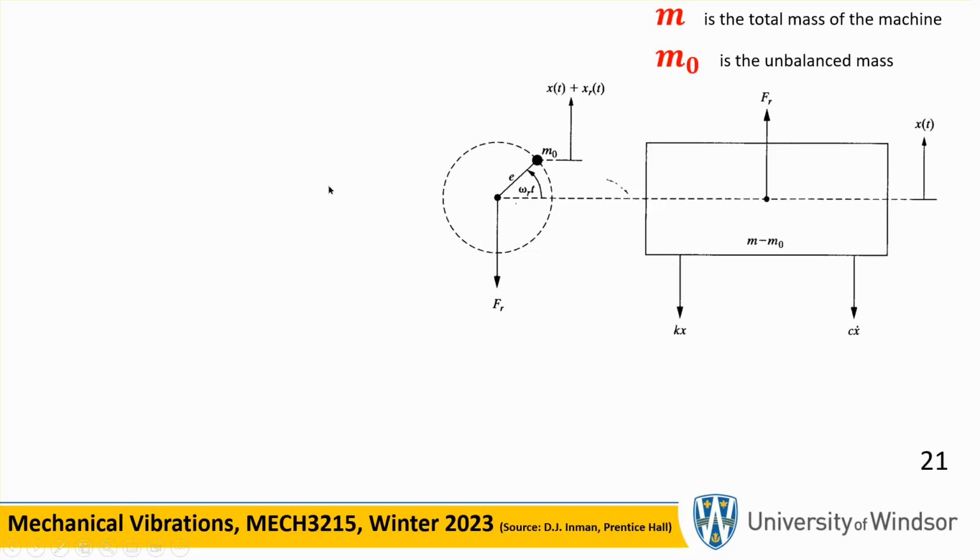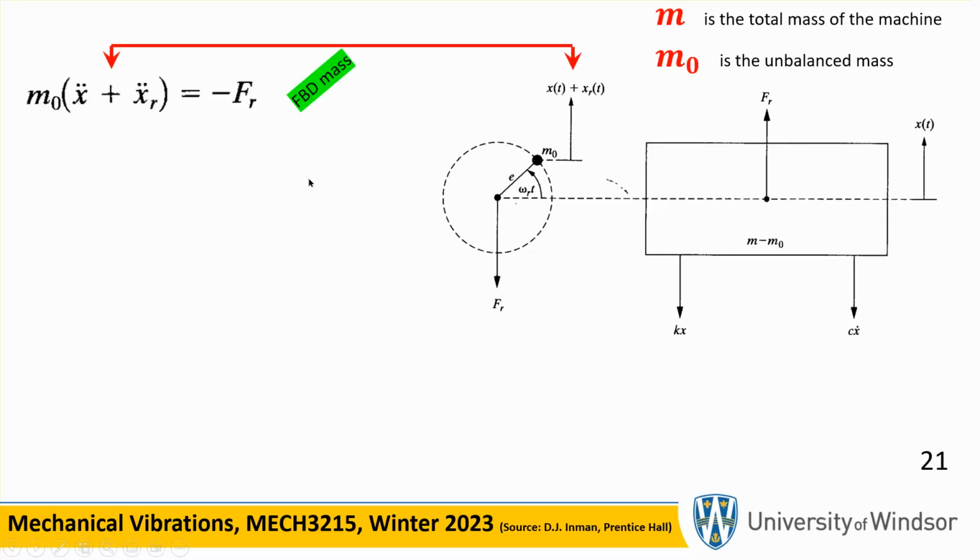Now, first of all, if you look at the mass imbalance, there is a force acting on it, in principle an up and down force. But the acceleration of that has two components.